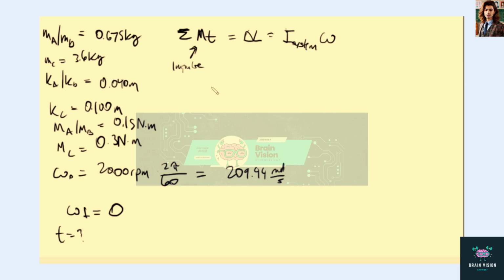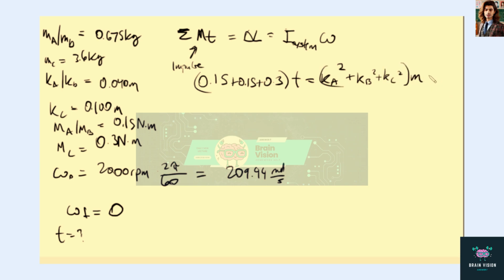So we are going to take our impulses. Our impulses are going to be 0.15 plus 0.15 plus 0.3 times t, and it's going to be Ka squared plus Kb squared plus Kc squared, all times the mass of, that's not correct, because we have Ma times Ka squared plus Mb times Kb squared plus Mc Kc squared, and that is the total moment of inertia of the system.